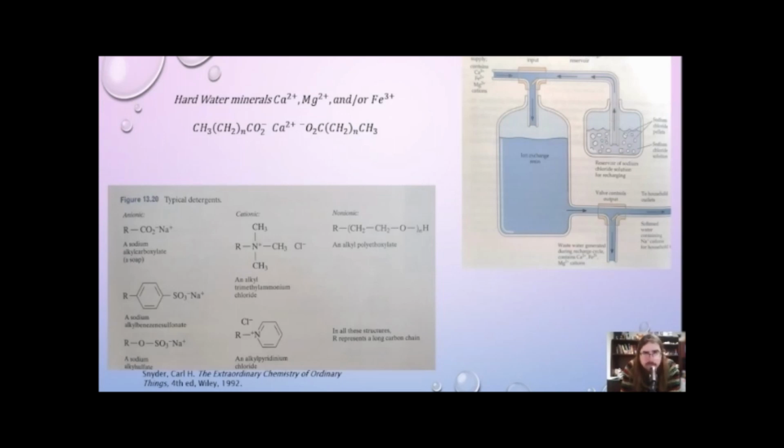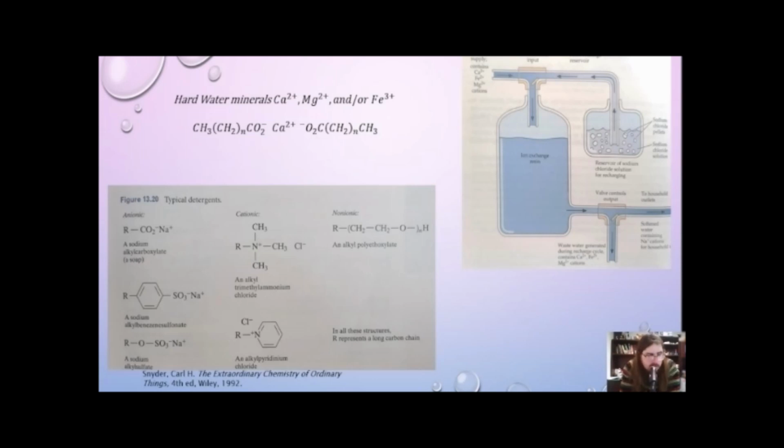But every so often, you do have to refresh the resin. You have to refresh the polymer by flushing with more highly concentrated sodium to flush off all the hard minerals on there. So this polymer is an example of an ion exchange resin.